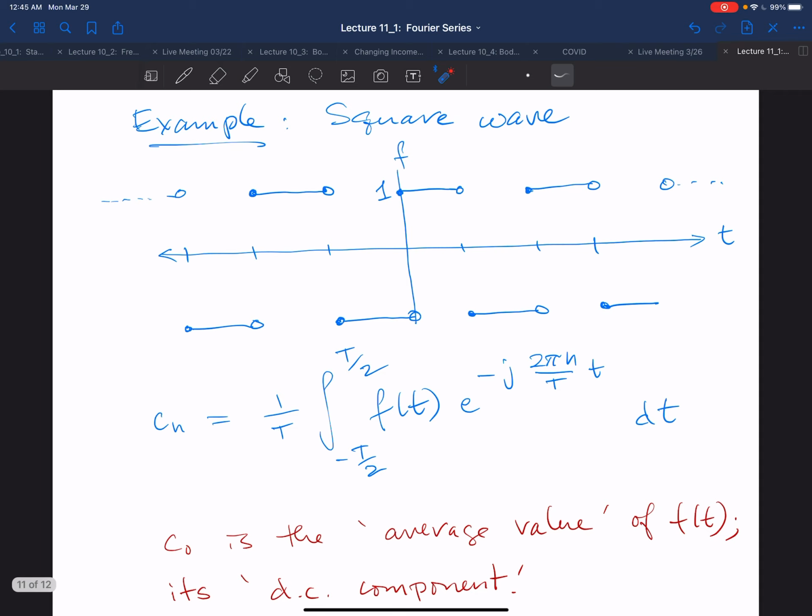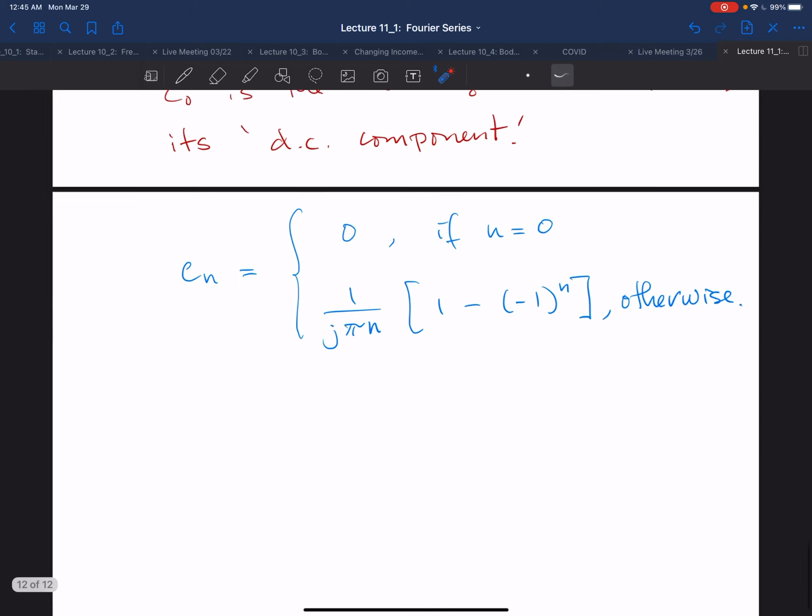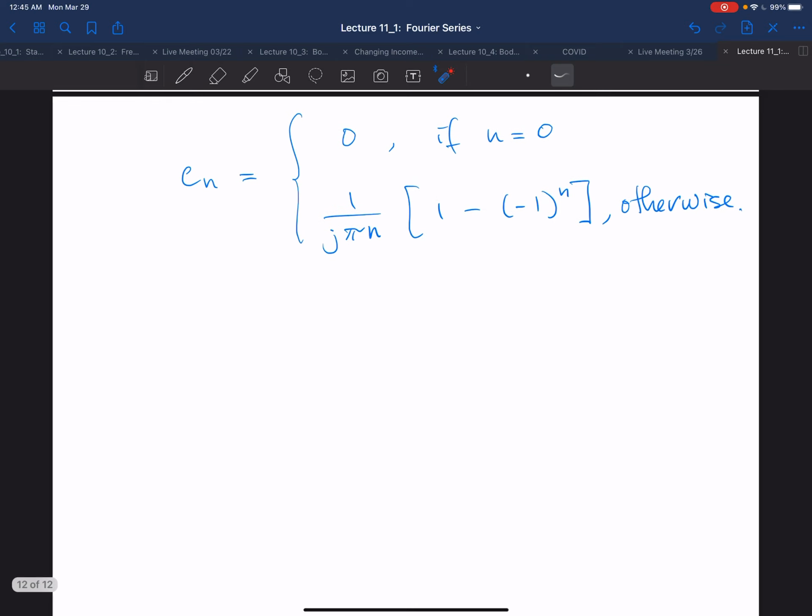We can also see from the graph that, at least the way we've defined this particular square wave, it is an odd function. F of minus t is always equal to minus f of t. And that is essentially why we see that when n is even, C sub n is 0.